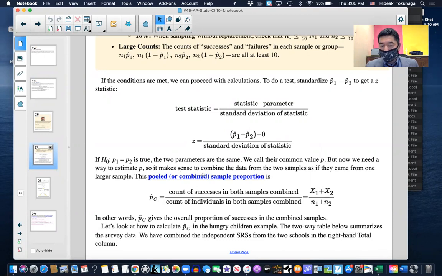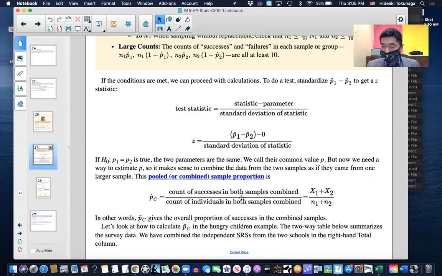The pooled or combined sample proportion is the count of successes in both samples combined, x1 plus x2, divided by the count of individuals in both samples combined, n1 plus n2.